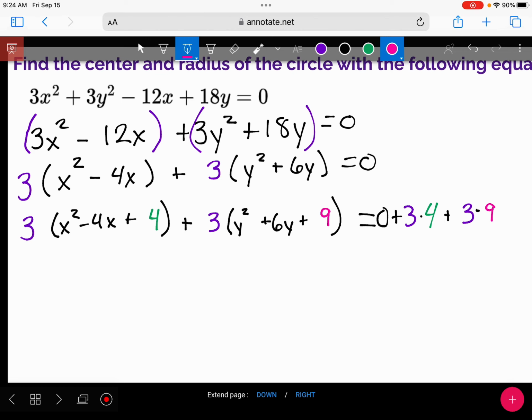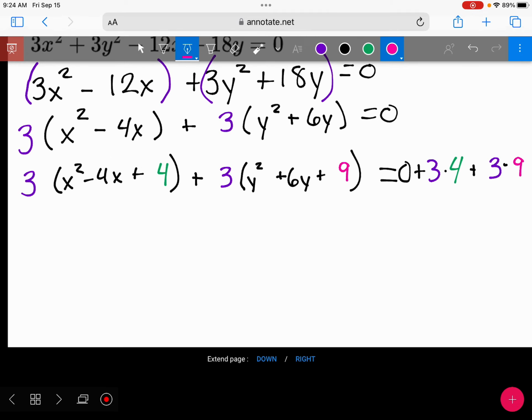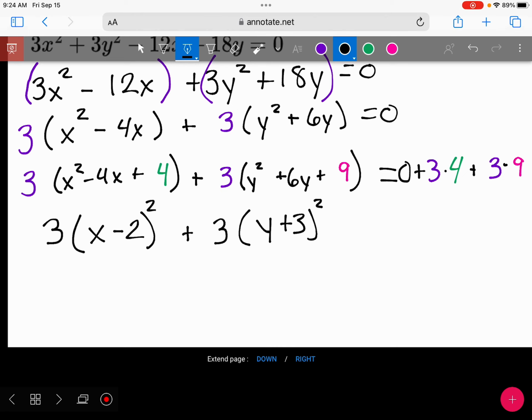So that was steps 4 and 5 on that list that we wrote. Then we're going to rewrite these all as products of perfect squares, because we already said we can write this as 3 times x minus 2 squared, plus 3 times y plus 3 squared.